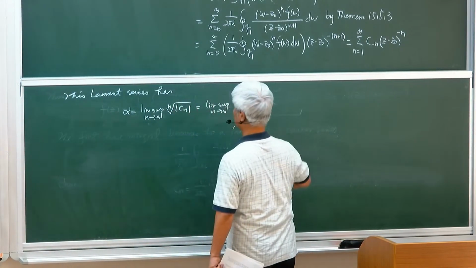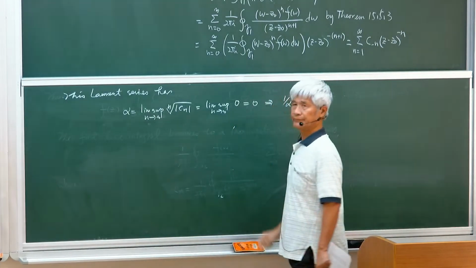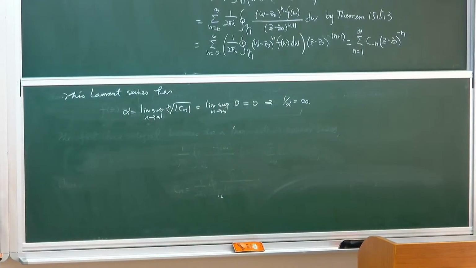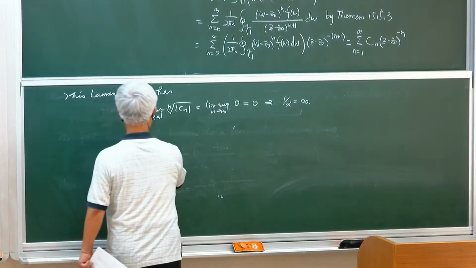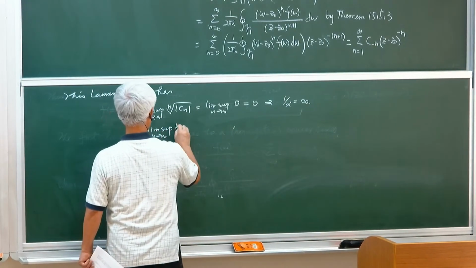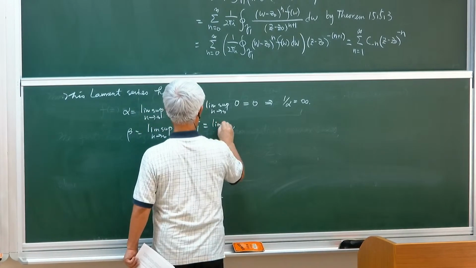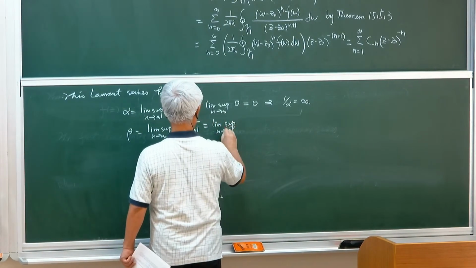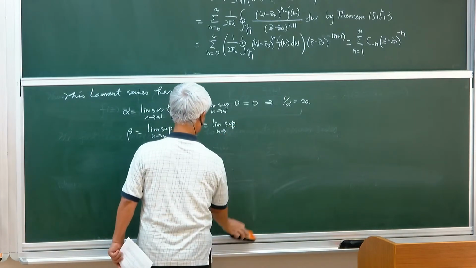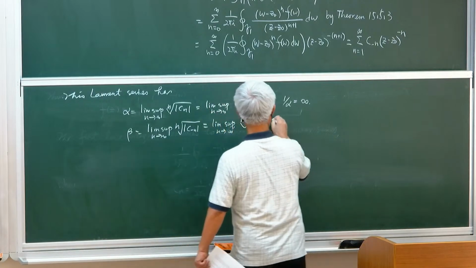So alpha is 0, which implies that 1 over alpha is infinity. Okay, that's why we have infinity here. And the beta, the lim sup of c minus n, and we know this is 1, so this is equal to 1.